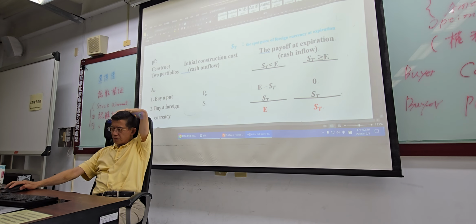Let's see portfolio A. Portfolio A has a component: buying a put.